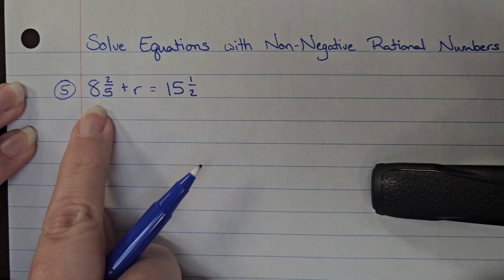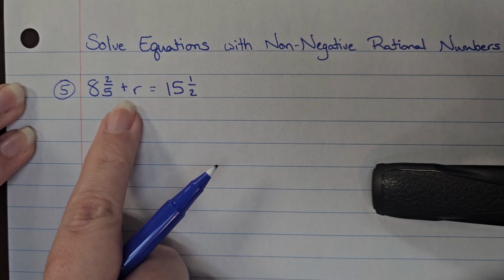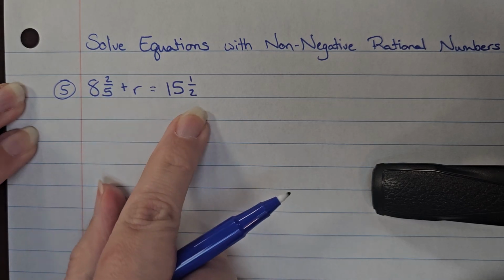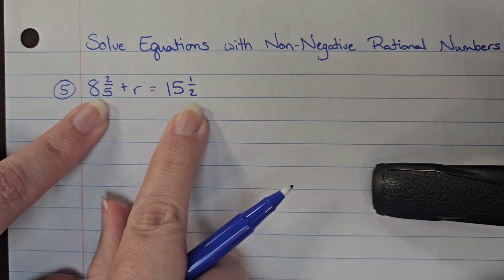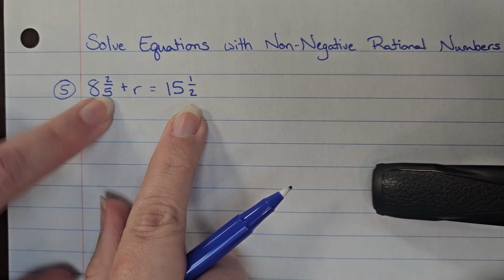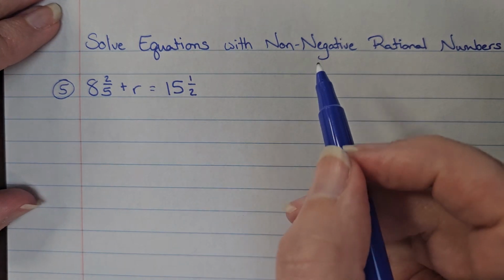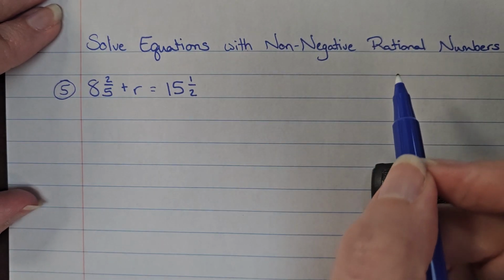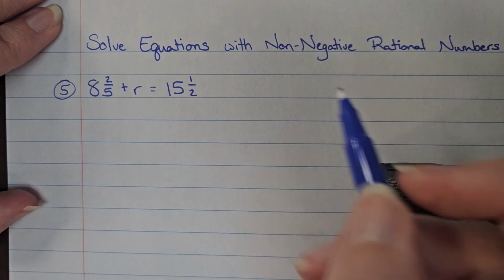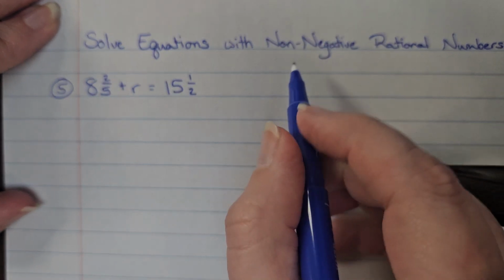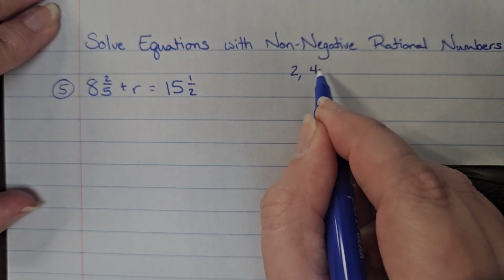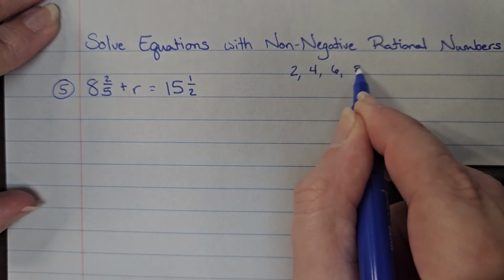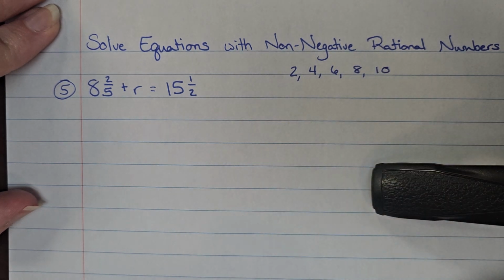I can't do the inverse operation, which is subtract, because the denominators don't match, and I cannot add or subtract mixed numbers if the denominators don't match. So first order of business, I've got to list out the multiples and find the least common multiple to get a common denominator. For my 2's, that's 2, 4, 6, 8, 10. I'm going to stop there.